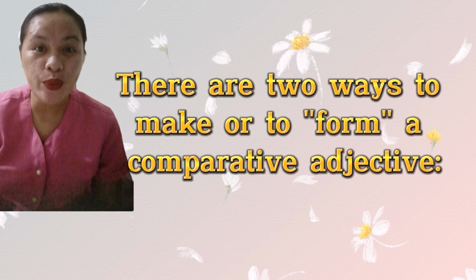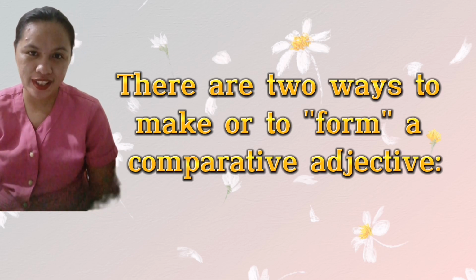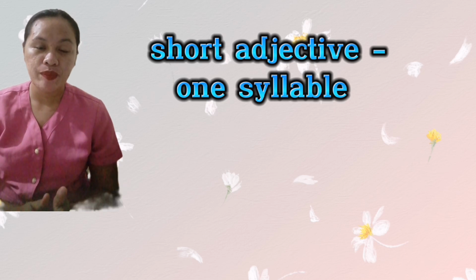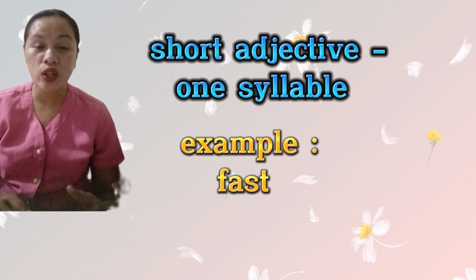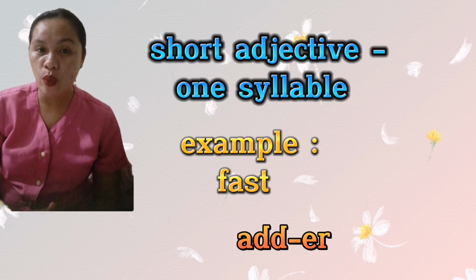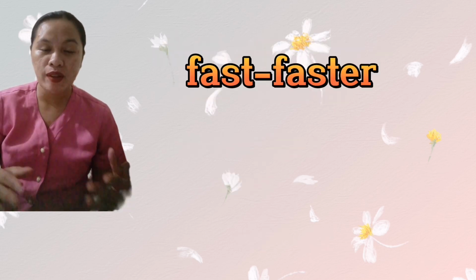There are two ways to make or to form a comparative adjective. Now we have short adjectives. Example, fast. It has only one syllable, so it is a short adjective. With this one, we can just add er. Example, fast.